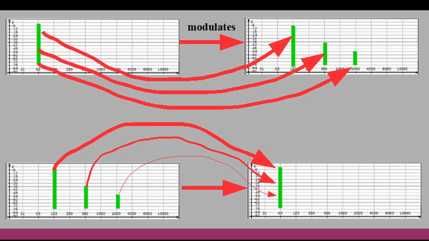Well, each and every partial of one of the spectra modulates each and every partial in the other spectrum, but not at the same strength. Partials further away from the fundamental are usually weaker and cause lower frequency deviations. When the less complex spectrum is the modulator and the more complex spectrum is the carrier, then all partials in the carrier spectrum are modulated quite strongly.